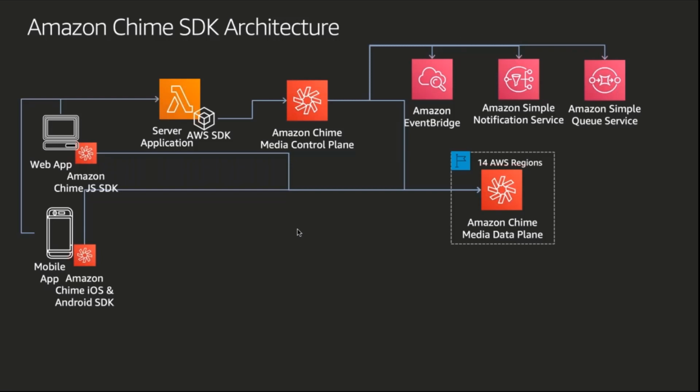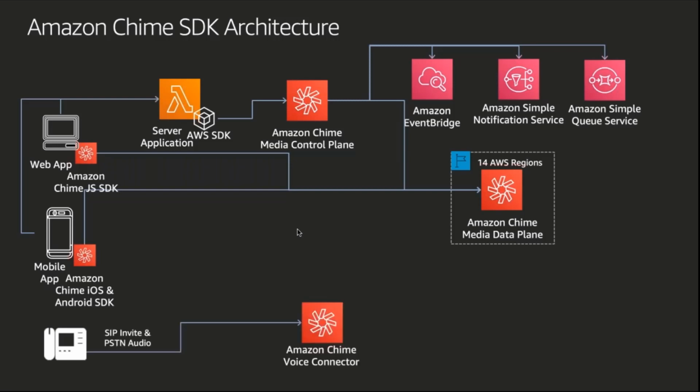If you have an IP private branch exchange, session border controller, or other voice infrastructure with internet access that supports Session Initiation Protocol, or SIP, you can also integrate your SIP compatible voice infrastructure with an Amazon Chime voice connector to make SIP voice calls and join from the phones.